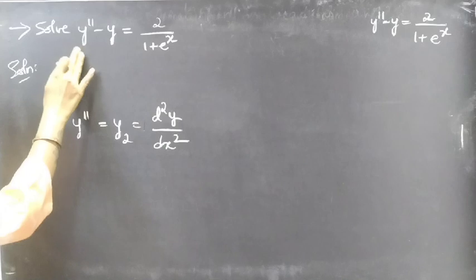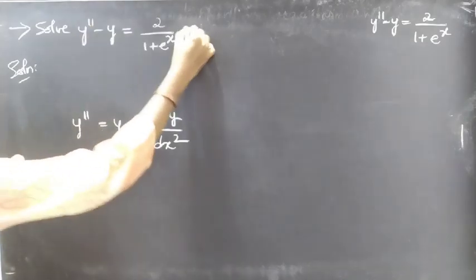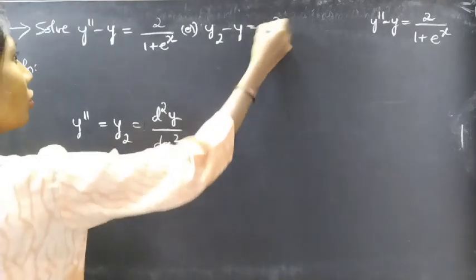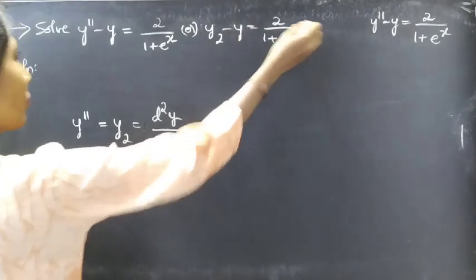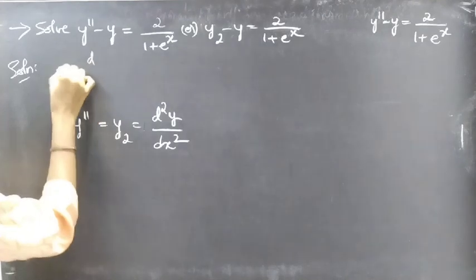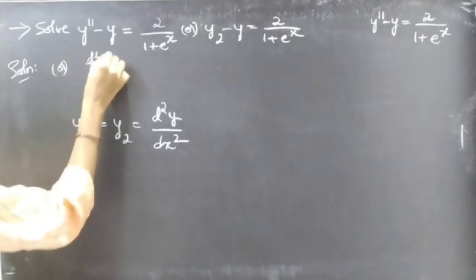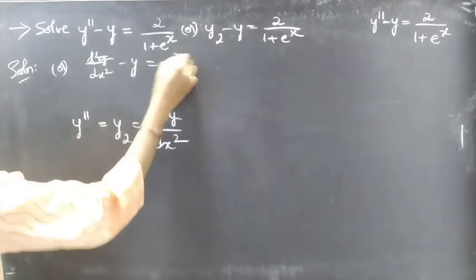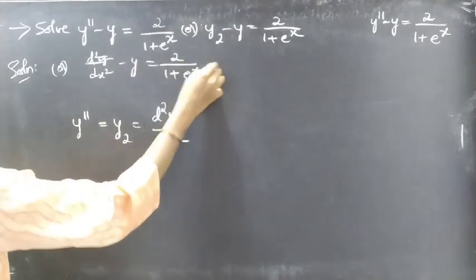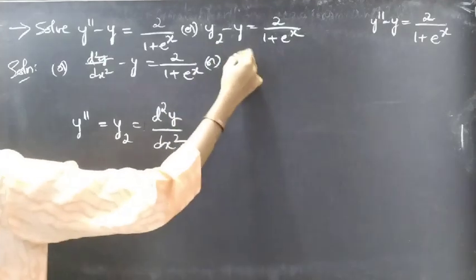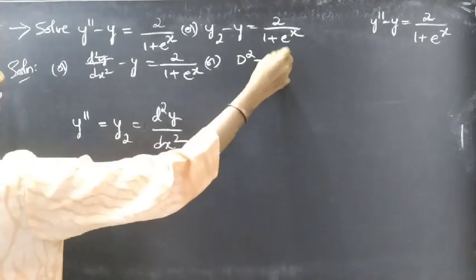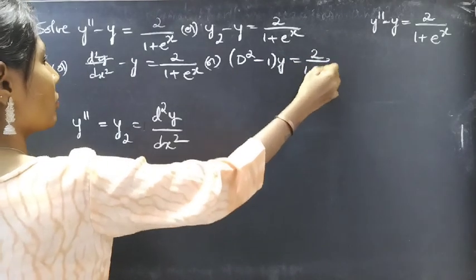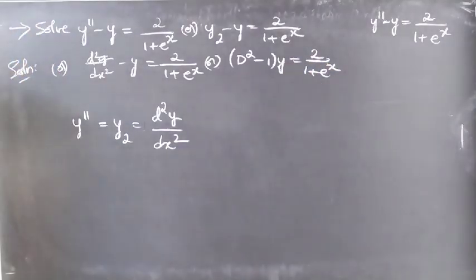We can write the same equation as y2 minus y equal to 2 by 1 plus e power x, or d square y by dx square minus y equal to 2 by 1 plus e power x, or d square minus 1 into y equal to 2 by 1 plus e power x.